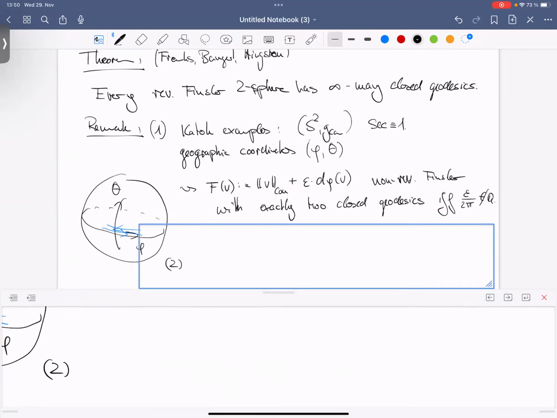Closed geodesics on Finsler metrics were considered, and the theorem of Hopf also shows you by the simple Morse theory argument that every Finsler two-sphere has a closed geodesic.